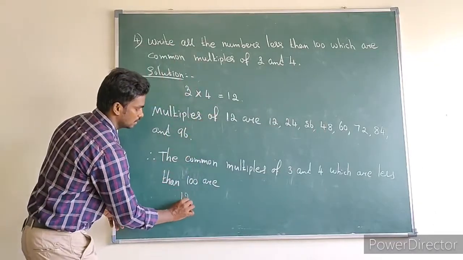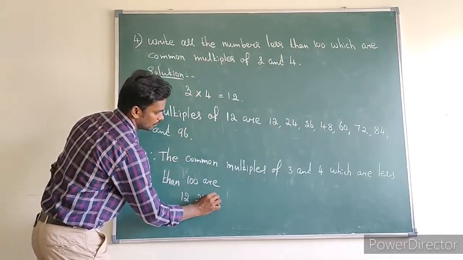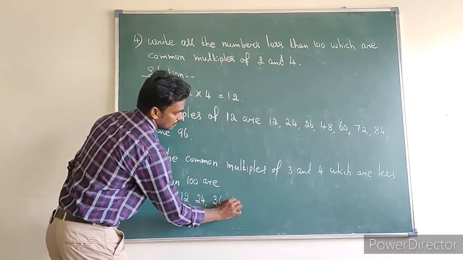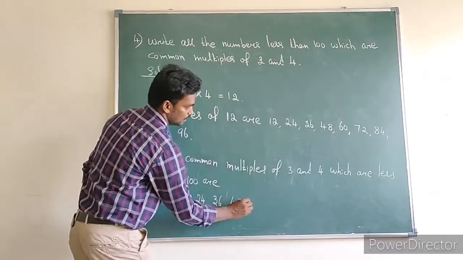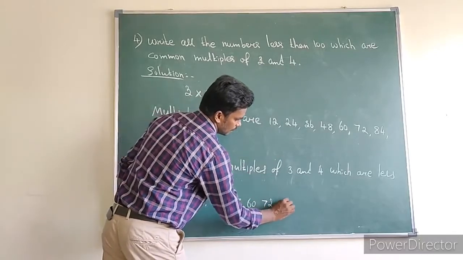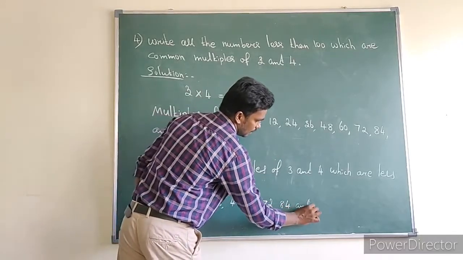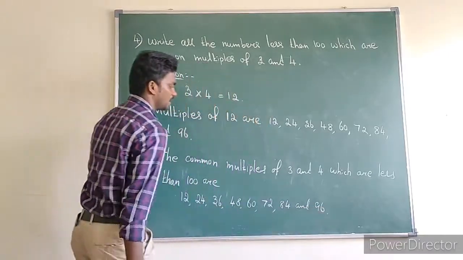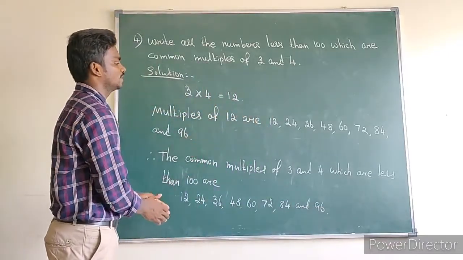What are they? 12, 24, 36, what is next? 48, 60, 72, 84 and 96. So these are the common multiples of 3 and 4 which are less than 100.